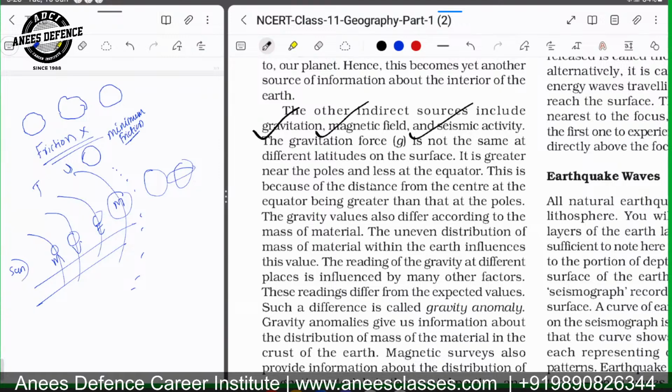Nobody knows. I'm asking a simple physics question. Is the value of gravitational force G less or more at the equator? Tell me.